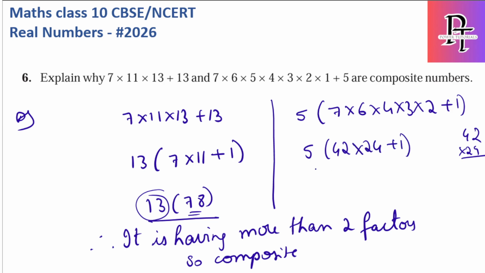I can stop here, because it has 5 as a factor as well as this other number. So it has more than 2 factors. You might ask why more than 2: because 1 is also a factor, and I can simply multiply by 1 and the whole number is another factor. So it definitely has more factors, including 1 and the number itself. Since these are not prime, they are composite numbers.